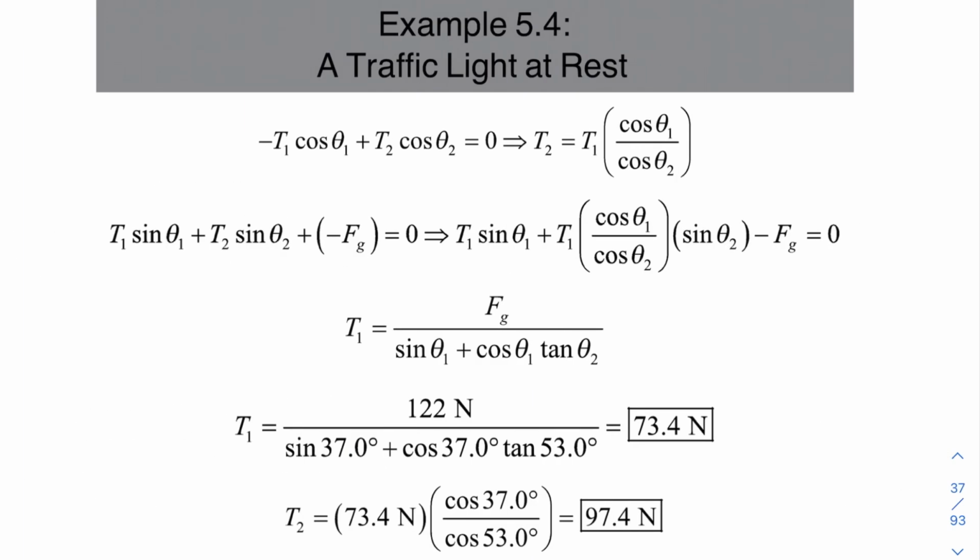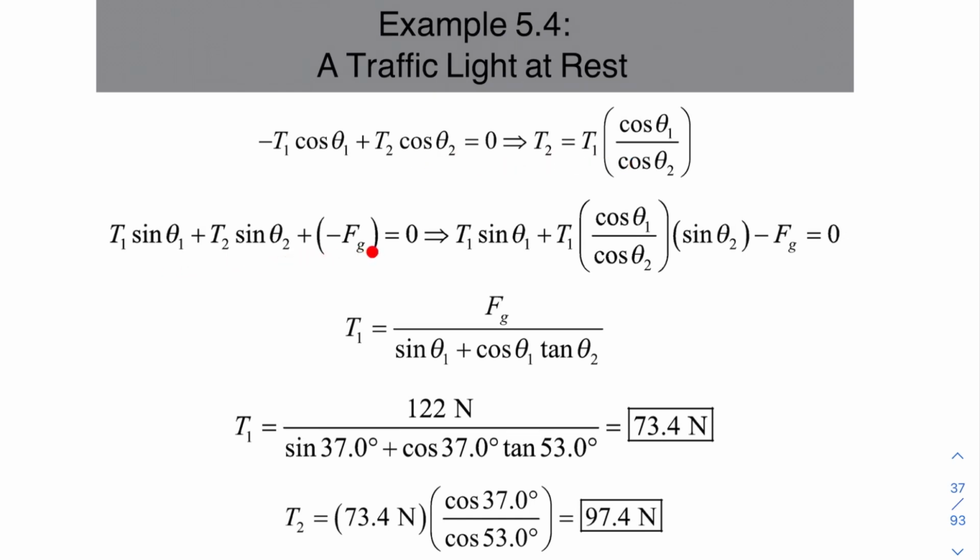So the way to solve this one, if you look at the solution given here, from here let's make T2 the unknown, right? And then from here we are substituting T2 into this equation here. This is the equation from the x component.